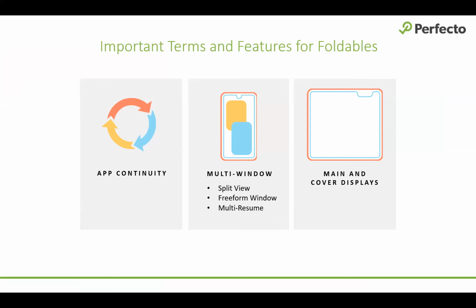You don't see any other devices today outside of the foldables that can really have, let's say, a navigation app, a banking app, and a messaging app all running in the foreground in parallel at the same time. So app continuity, the pause and resume of applications, these are very specific terms and use cases that need to be taken into account when dealing with foldable smartphones.